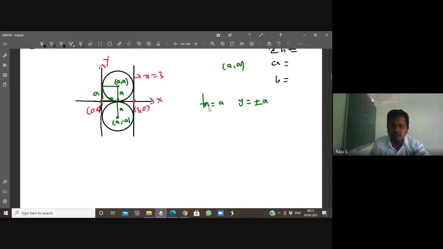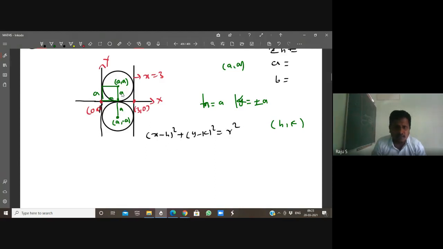Nothing but you can take h. This is k. Generally, the center can be denoted by (h, k). Am I right? Fine. I'm going to write this circle equation in central form: (x minus h) the whole square plus (y minus k) the whole square is equal to r square.